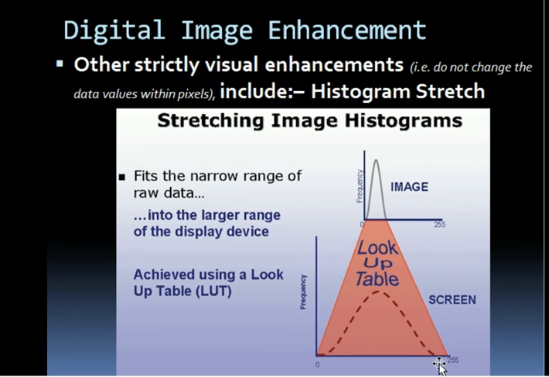Remember, if you're 8-bit data, you have 256 possible values from 0 to 255. And so a lookup table can be used to basically stretch that range that we truly have in our data across a wider range of values. And this helps us really to increase the contrast and identify different features.